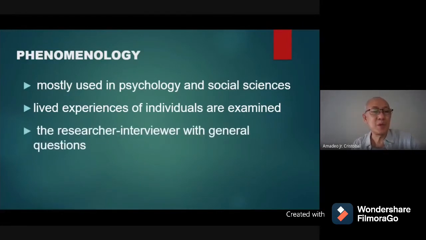The researcher, the interviewer, of course, must be prepared on how to conduct an interview, because mostly when we do qualitative research, the method to gather data usually is an interview. And a researcher in a qualitative research must have the skill of interviewing.